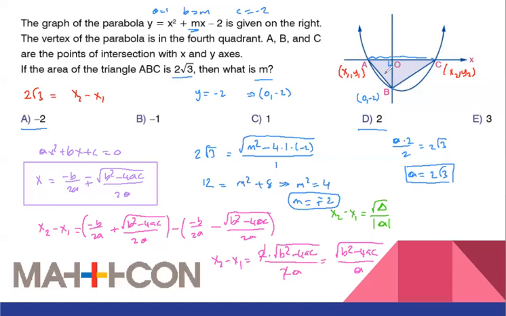If you look at m, or maybe other information about your parabola, you know m is somehow related to our vertex, right? We are told the vertex was in the fourth quadrant, which I didn't use yet.